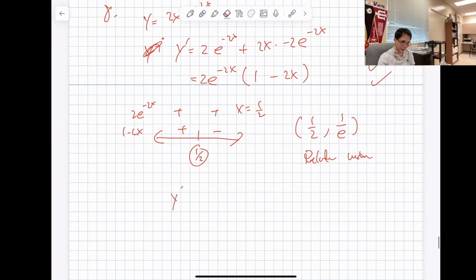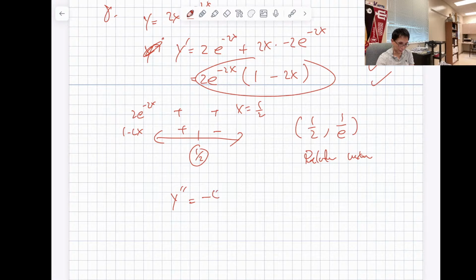I'm going to take a double derivative of this one. So that's going to be the derivative of 2e to the negative 2x, so negative 4e to the negative 2x times 1 minus 2x, and then plus 2e to the negative 2x times negative 2.